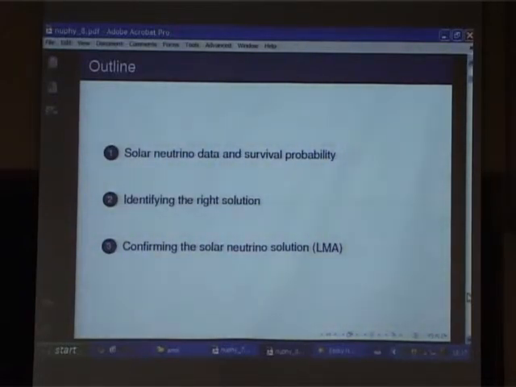Then we can identify the right solution. We will see that qualitatively the problem can be solved in many different ways, and we will see how to zoom in on the right solution. And then we will see how this solution was confirmed by experiments where you produce some neutrino flux and measure it.